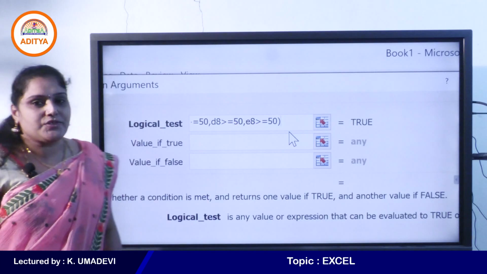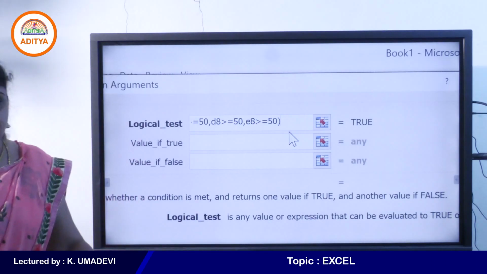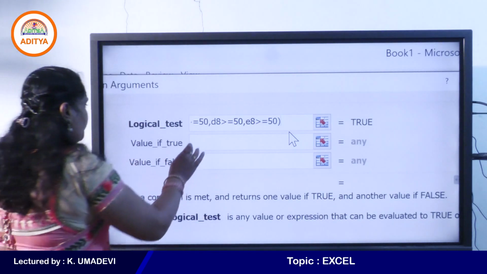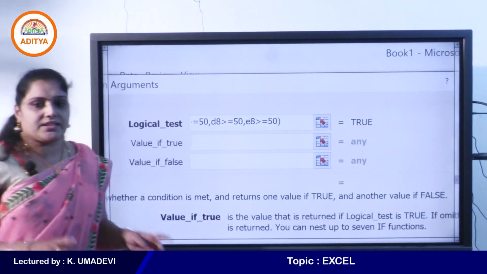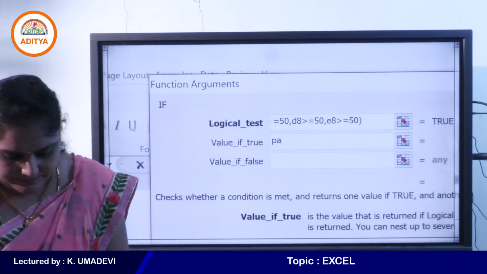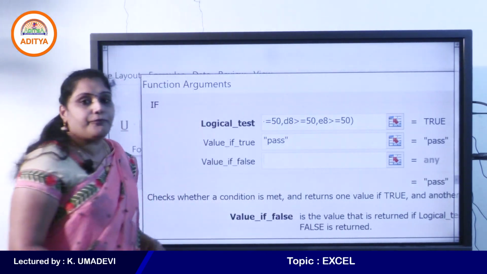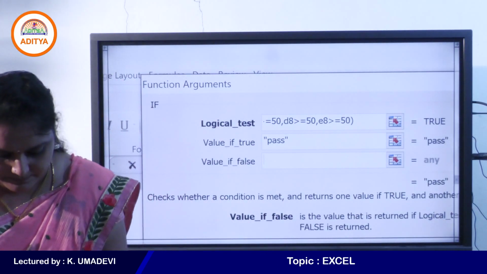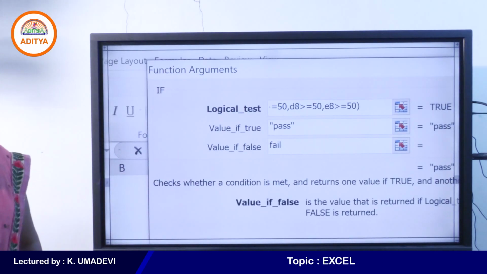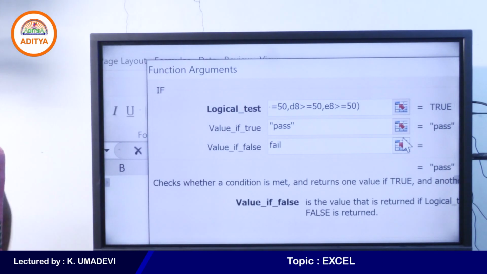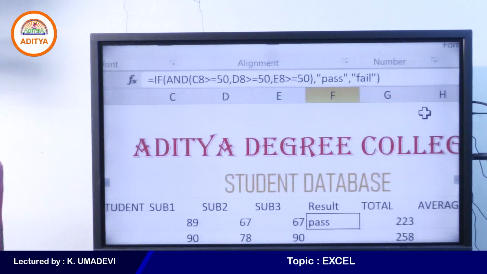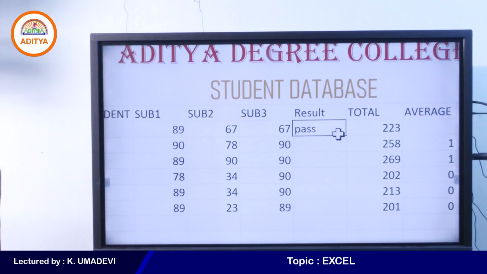So now, if all the conditions are true, I would like to print pass. Otherwise, I will print fail as my result. So what is the result here? Pass, okay?